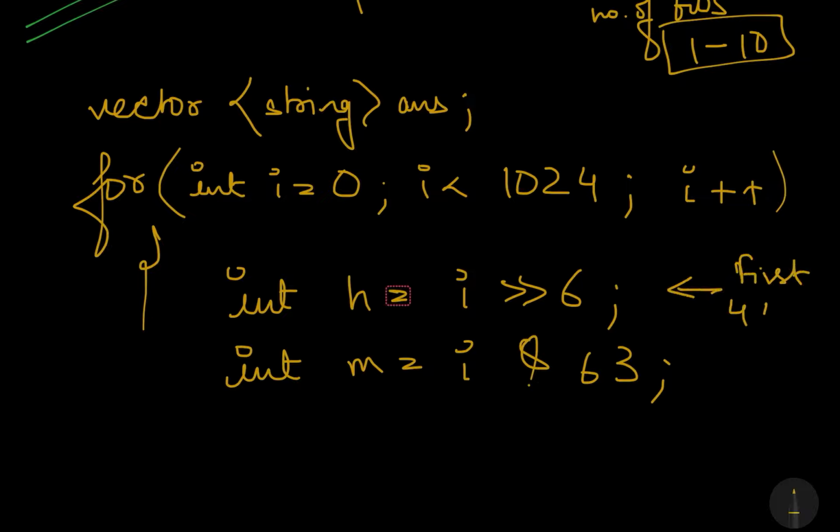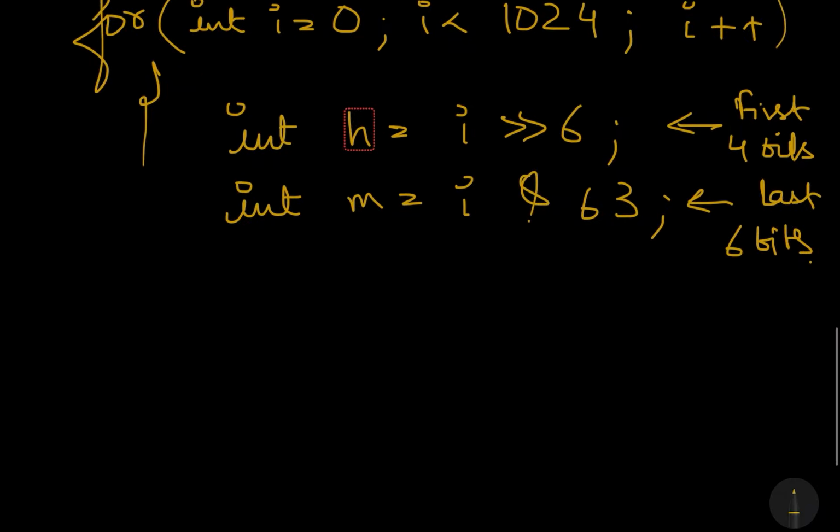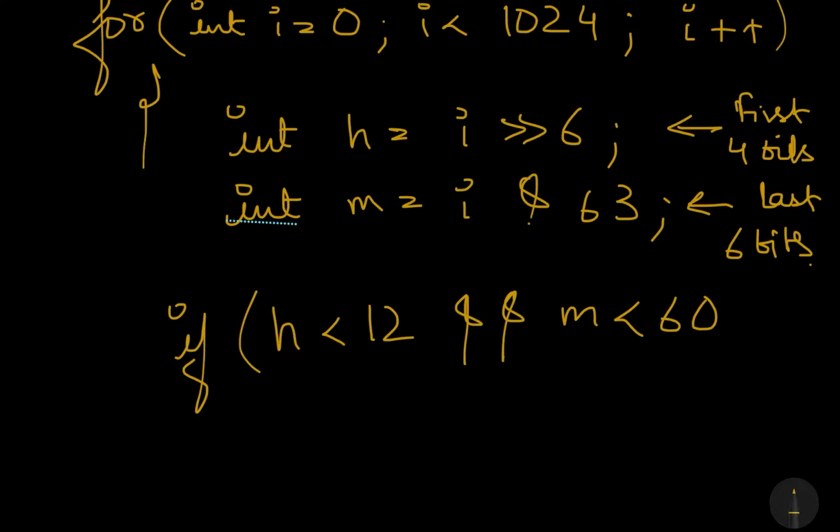This will give us our first 4 bits, and this will give us our last 6 bits. Now we have to check if our hour is less than 12, then only we'll consider it, and if the minute is less than 60, then only we'll consider it.